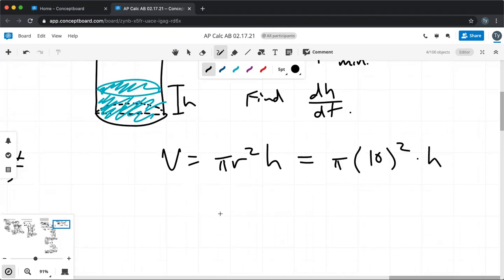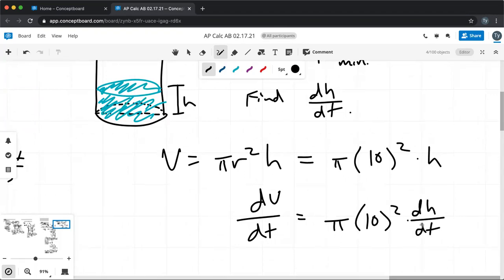And if we differentiate both sides, this is equal to V. So we have dV/dt equals, this is just a constant multiple, we can pull that out, and the rate of change of h with respect to t.